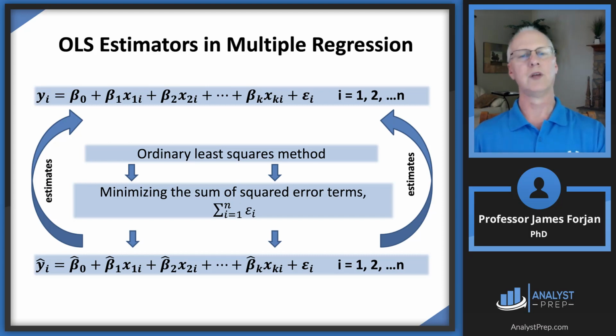And so we use this OLS method, which minimizes the sum of the squared error terms, and then we result with those estimates there at the bottom, and note that there are a bunch of hats on the y's and the beta variables. That just means that the intercept term and the slope coefficients down below are unbiased estimators of the true values in our model at the top of the page.